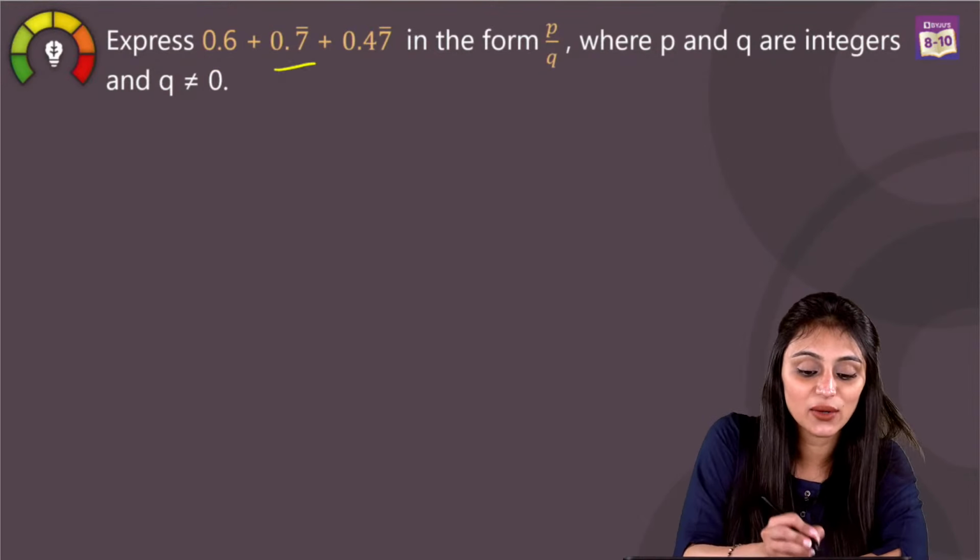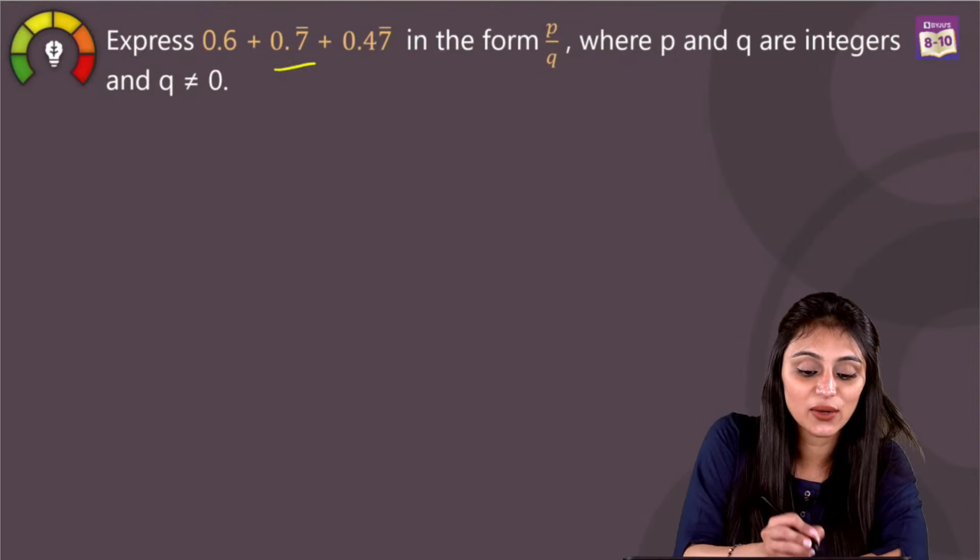If I multiply this by 100, this becomes 100z equals 47.777. Now we are simply going to subtract them. Once you subtract them, we have 100z minus 10z equals 43. So that's going to be 90z equals 43. So z would be equal to 43 by 90. So 0.47 bar equals 43 by 90.